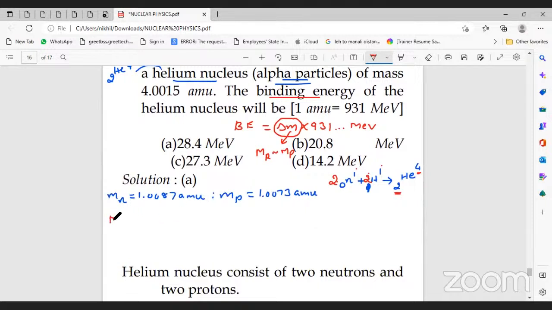On the reactant side, we have 2 times neutron. Neutron mass is 1.0087 plus 2 times the proton, that is 1.0073.